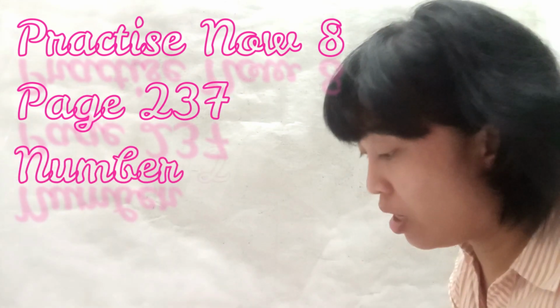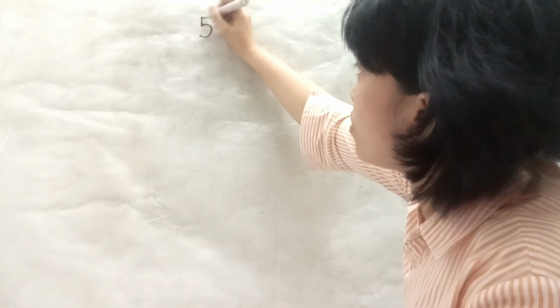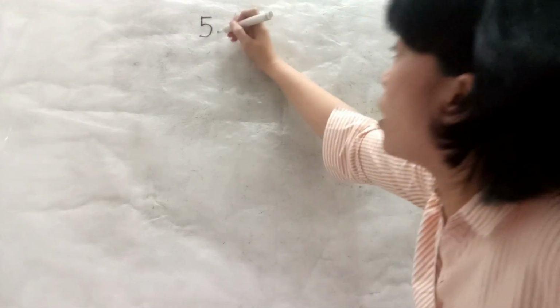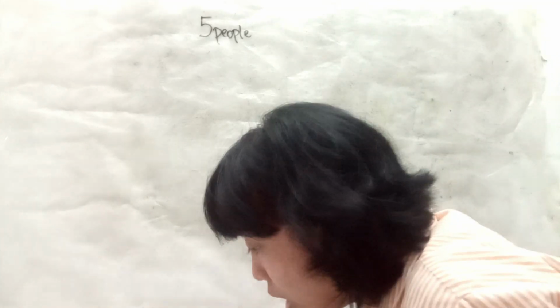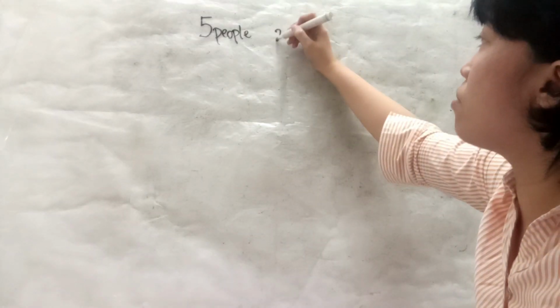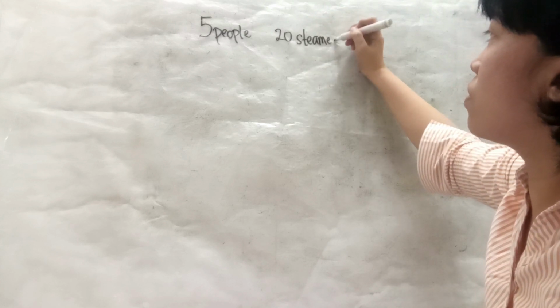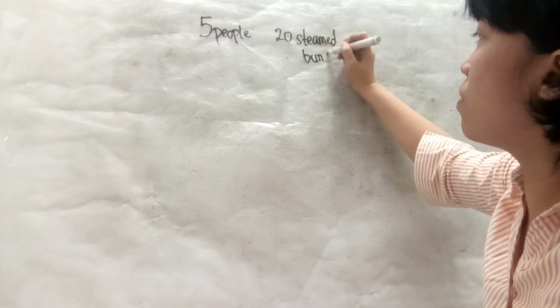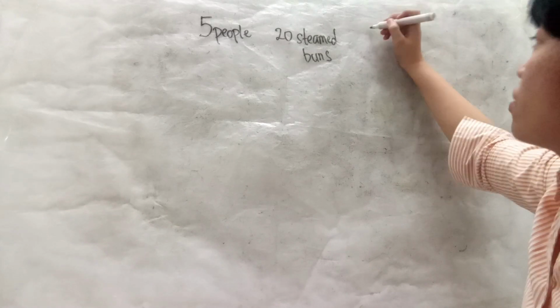In a competition, 5 people can finish 20 steam buns in 3 minutes 20 seconds. This is a competition, that's the reason. So 5 people can finish 20 steam buns in 3 minutes 20 seconds.